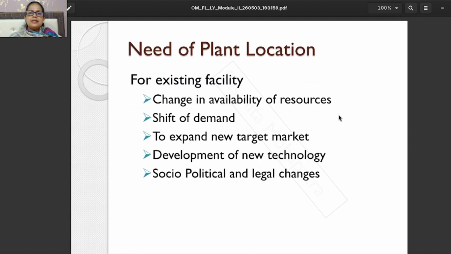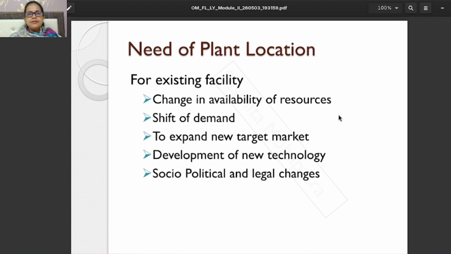Need for plant location. Why do we need to have a location? Because we have to establish the plant to produce the product or to provide the service. If we have an existing facility, we can go for a new location if there is a change in availability of resources.